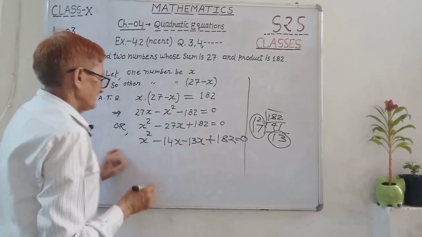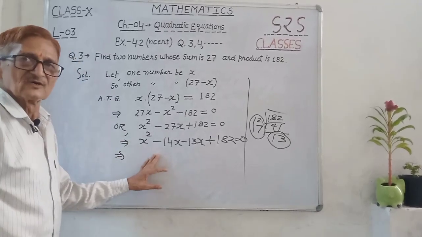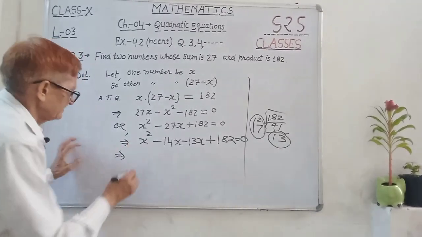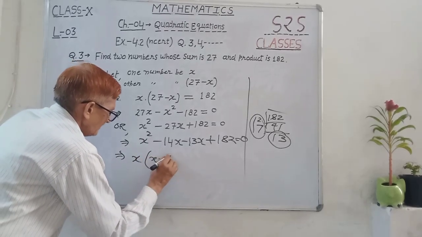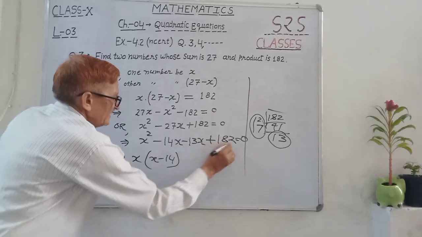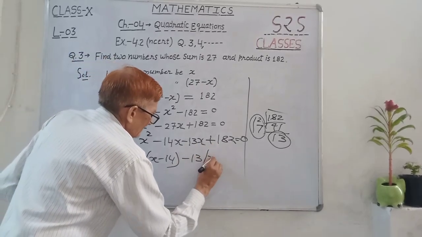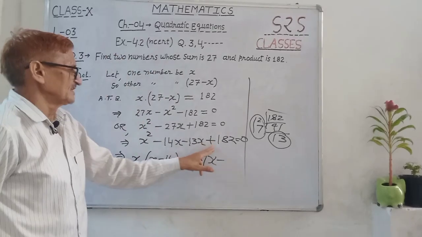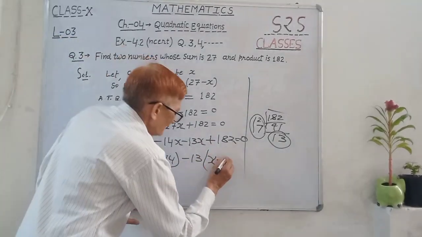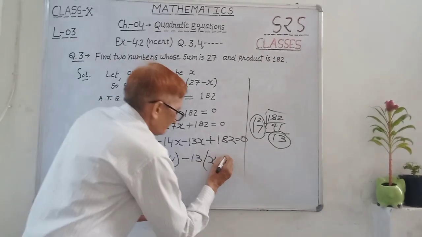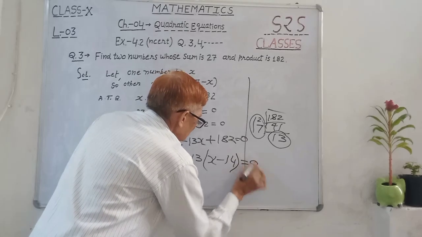Now after this, common from the first two terms, highest common factor x: x minus 14, then here minus 13 common, then x minus 14, and the plus sign will change because minus is common.